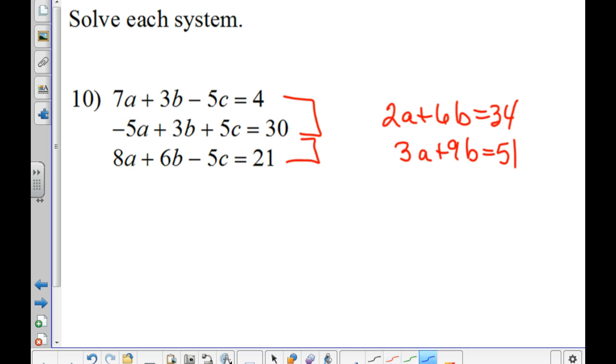Unfortunately, this is icky. Now we have to do something to get rid of A or B. Just do A because B will be big numbers. Okay. So I gotta multiply this maybe by a 3 and this by a negative 2. Will that work?